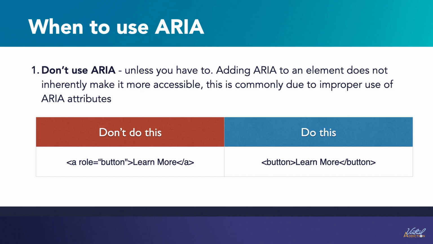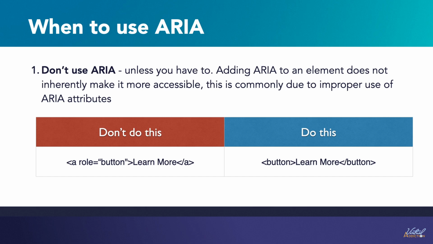When we think about how to use ARIA, here are some basic ARIA rules that you should keep in mind. The first is don't use ARIA. I know this sounds a little counterintuitive, but don't use it unless you absolutely have to. Adding ARIA to an element does not inherently make it more accessible. This is commonly due to improper use of ARIA attributes.